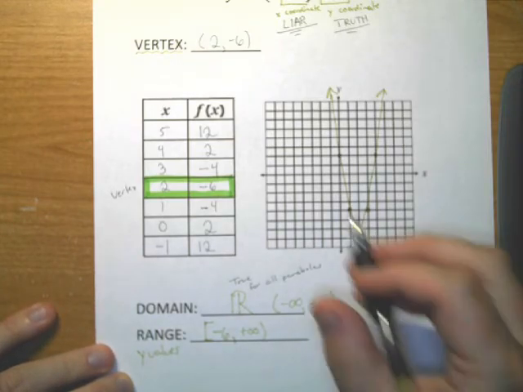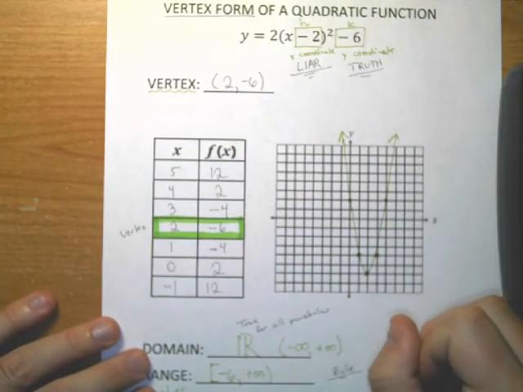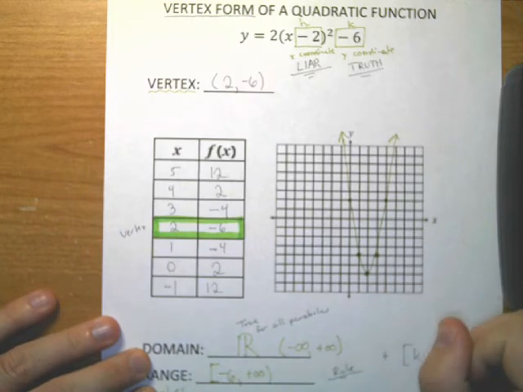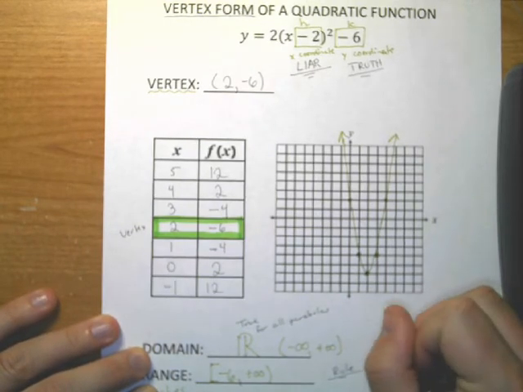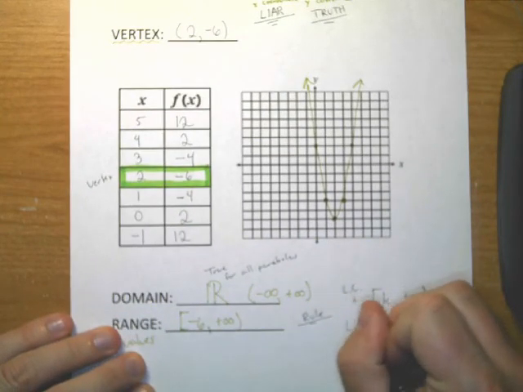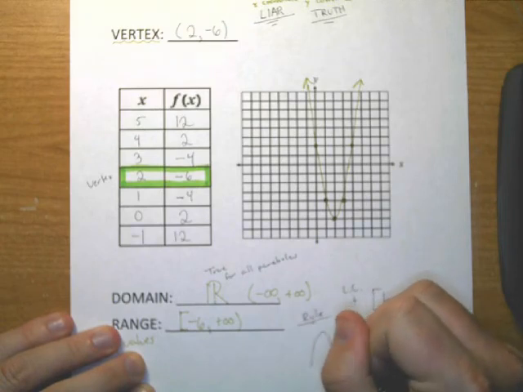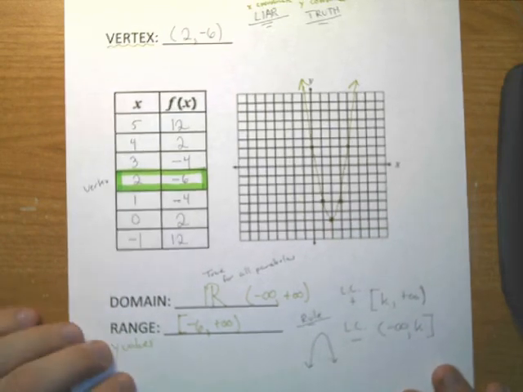If the a is positive, which it was here, the rule is k, comma, positive infinity. So if our leading coefficient is positive, k to positive infinity. If our leading coefficient is negative, which means our parabola will be going down, our rule is negative infinity to k. I hope that helped.